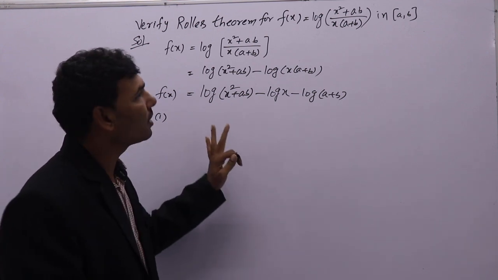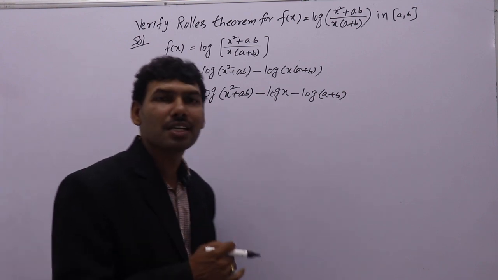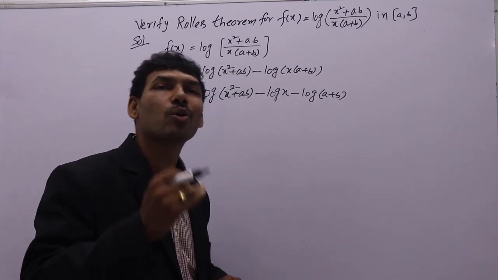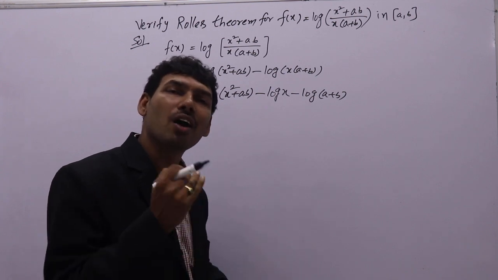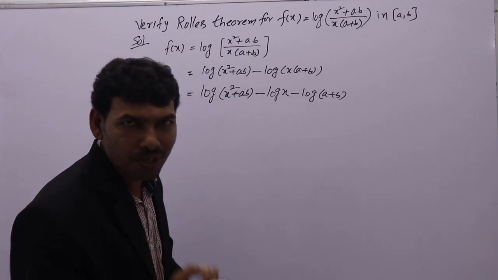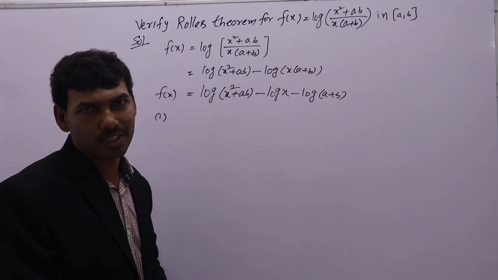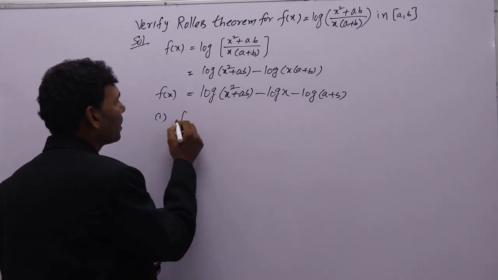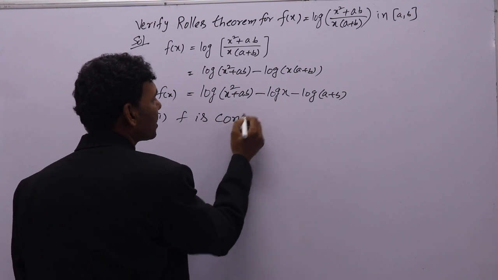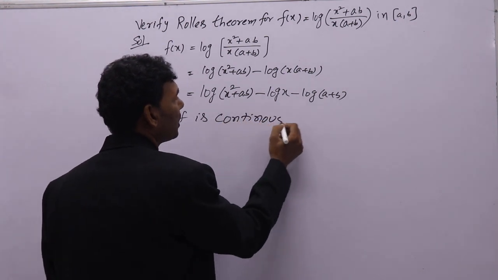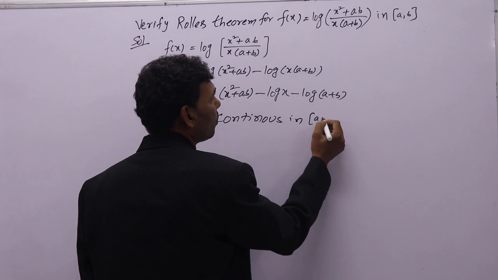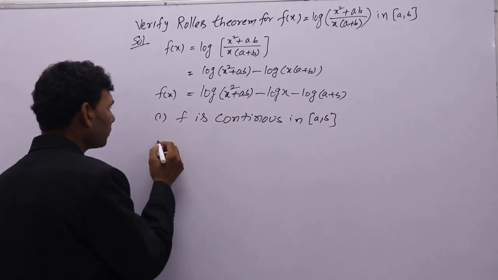Or you can remember it like this: functions which are defined in a closed interval a comma b are always assumed to be continuous and derivable, otherwise we cannot do any further applications. That is one reason. So f is continuous in the closed interval a comma b.